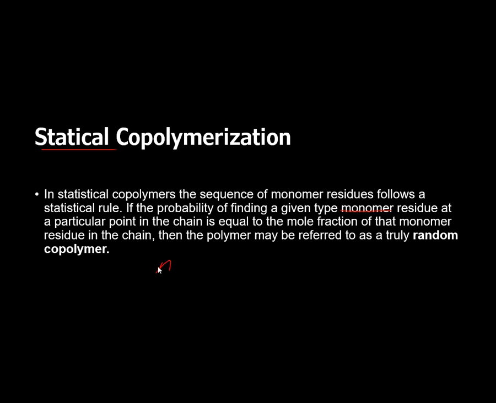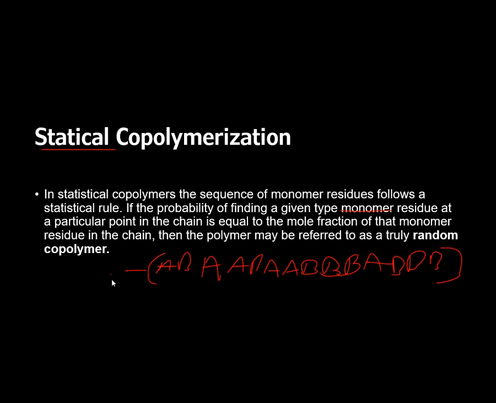So let's say there's some sequence: A A B A A B B B A B B B. Let's say this is one polymer, so this is how we can represent it.